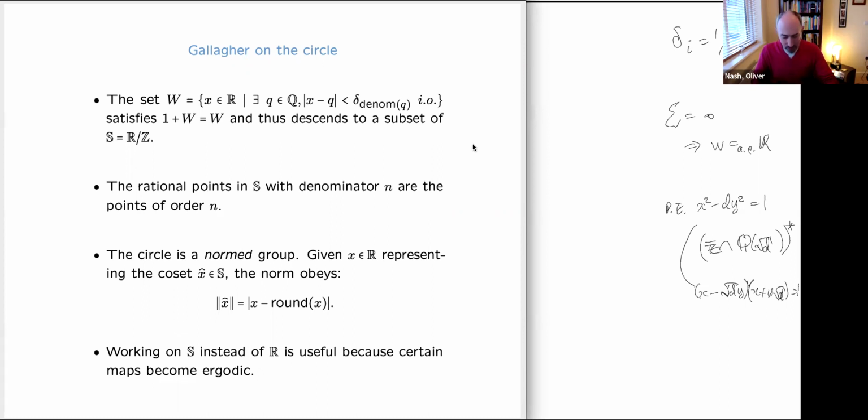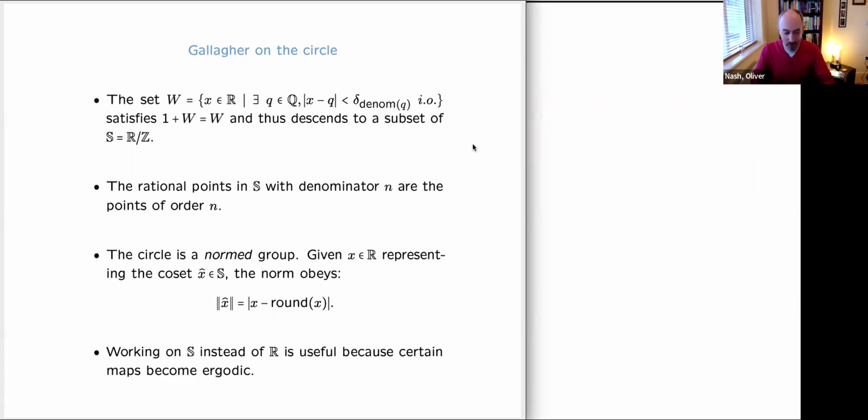So if q is an approximation to x, well 1 plus q is an approximation to 1 plus x, and it has the same denominator, right? So the denominator of 1 plus q is the same as the denominator of q. So 1 plus W is W. So we're really working in the circle, R mod Z.